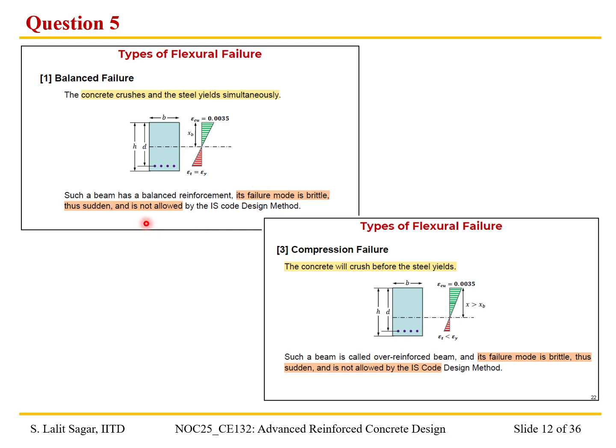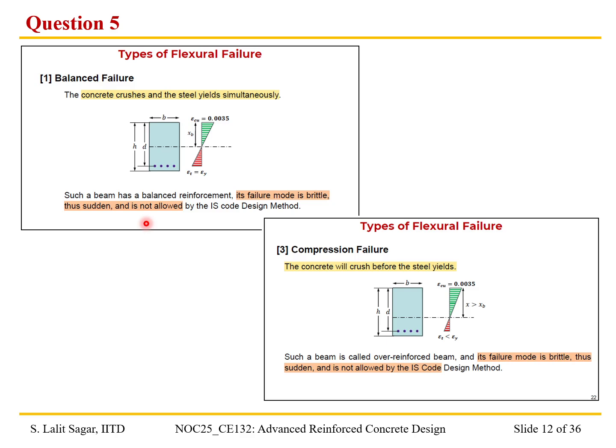code. It is specified in the IS code that before a beam undergoes failure, it should give sufficient warning through excessive deformations. Ductile failure is less harmful of the two modes of failure, that is the brittle failure and the ductile failure.